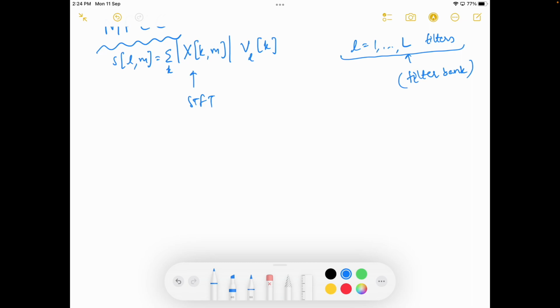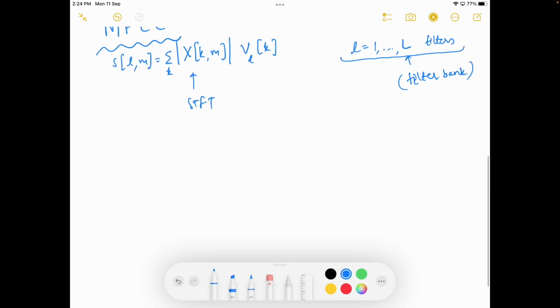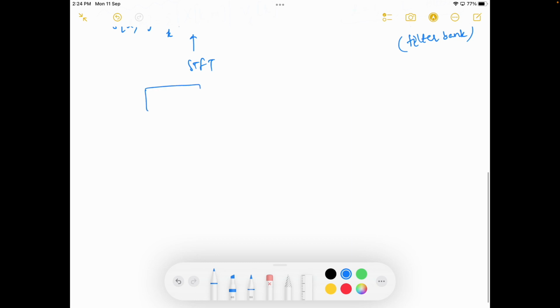How does it look? I hope you have seen somewhere how the Mel spectrogram looks. The Mel spectrogram looks like a normal spectrogram, but frequency is on the Mel axis. Just a quick question: this is my frequency axis, this is my time axis.